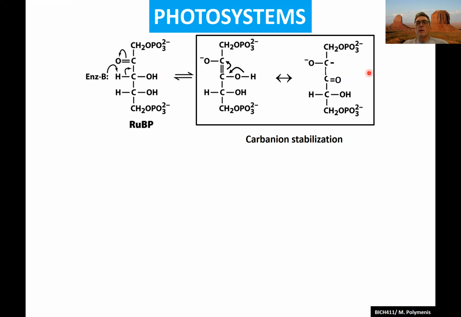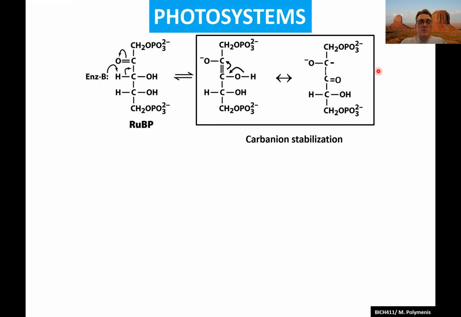This is where the carbanion will be formed. The more it can bounce up and down or left and right in these different tautomers, the more you stabilize it. You can go back and forth. And in this conformation right here, that's the carbanion and it can attack CO2. So that's how you stabilize it.